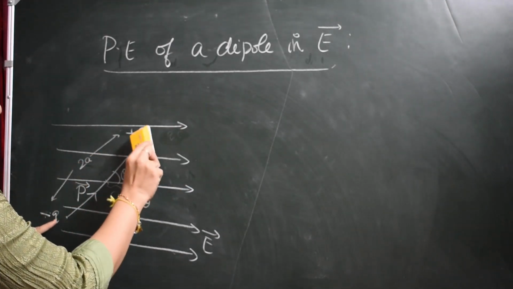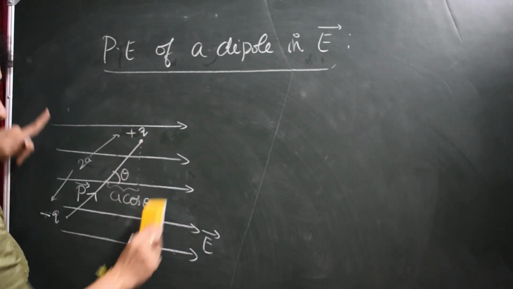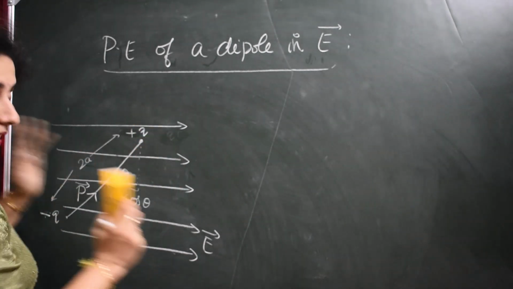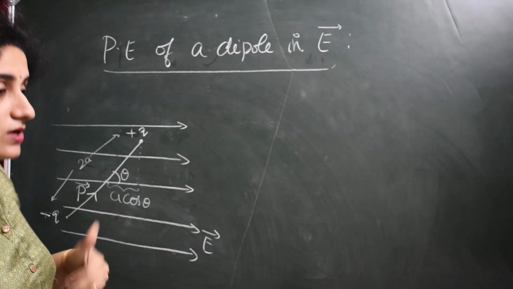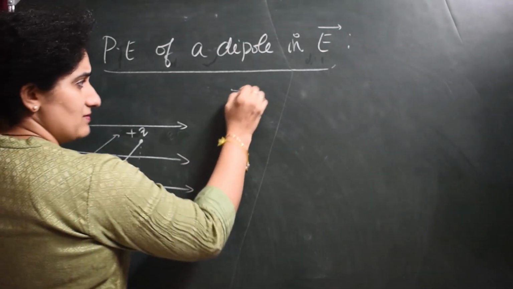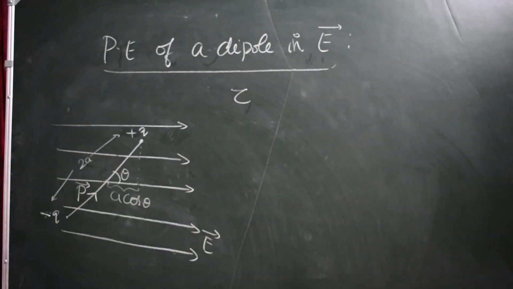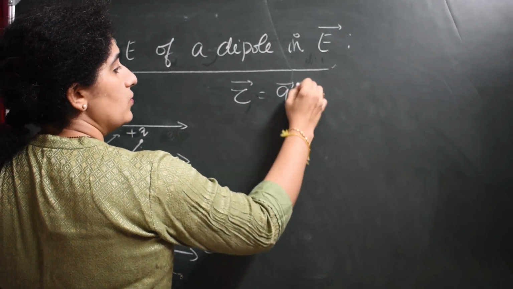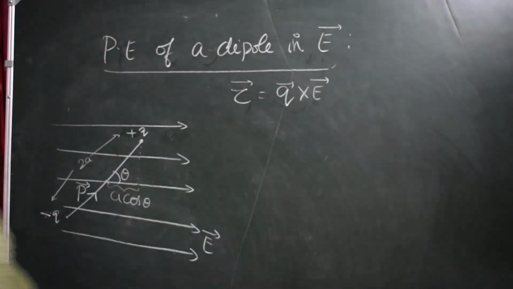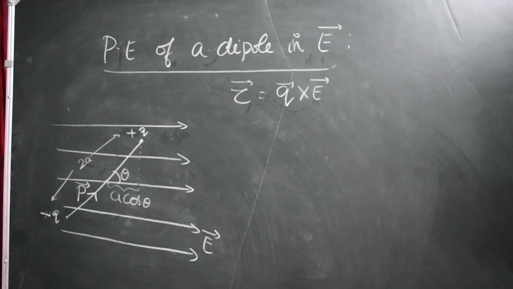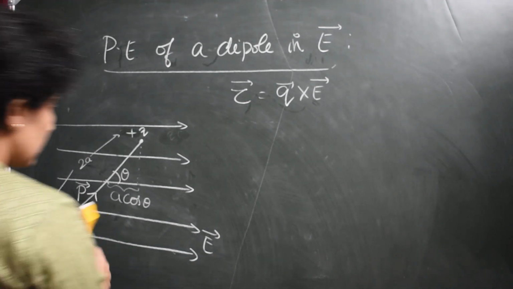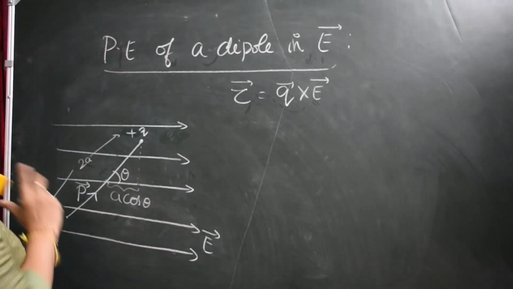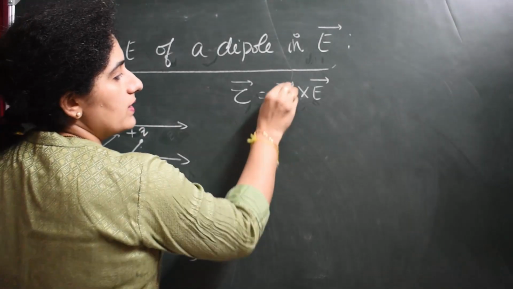So these two forces will make the dipole rotate in the external electric field. So that is what we call torque tau. This we have studied. So torque tau. What is the equation for the torque tau? P cross E. Correct? So when you have the dipole in an external electric field, you have P cross E. What is P?